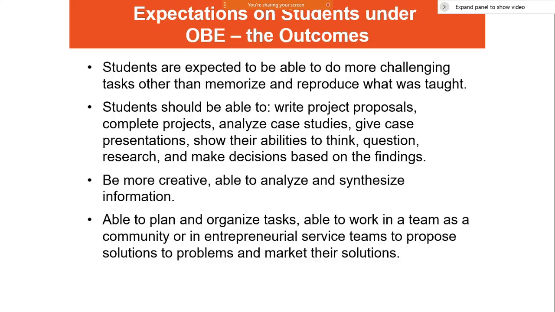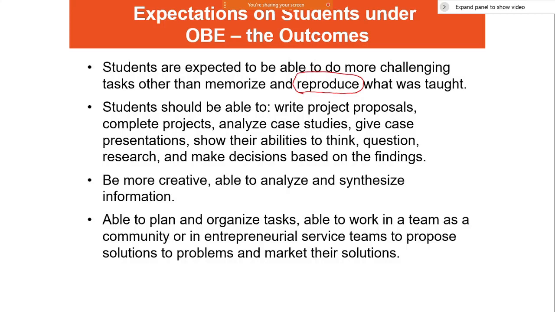In the previous generation we learned to memorize everything, but nowadays memorizing is not a requirement. Computers are there, and everything is at your fingertips. But how to use it is most important: how to apply it and reproduce that information. That is what is expected from the students.